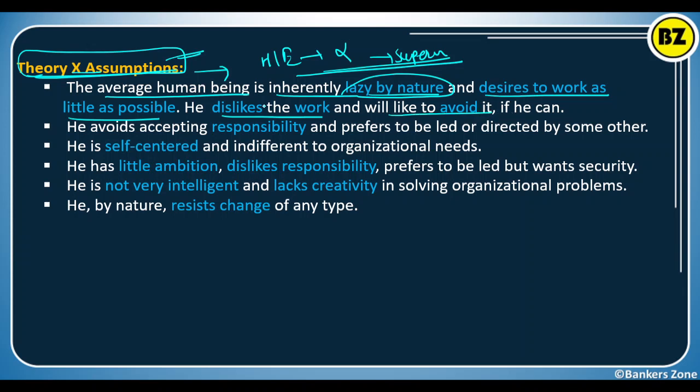Okay, that means it is assumed that humans are lazy, or the employees are lazy, they don't like to do the work, they dislike the work, they avoid doing the work. And that's why we assume that the employee needs supervision. Okay, now humans avoid accepting responsibility and prefer to be led or directed by someone else.